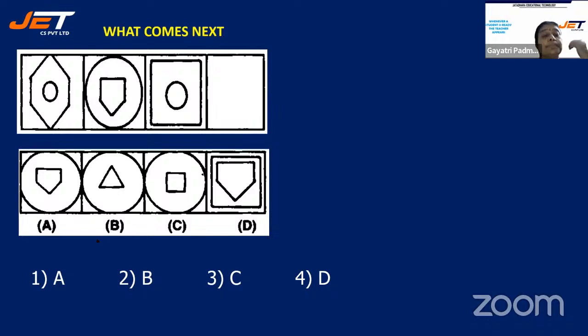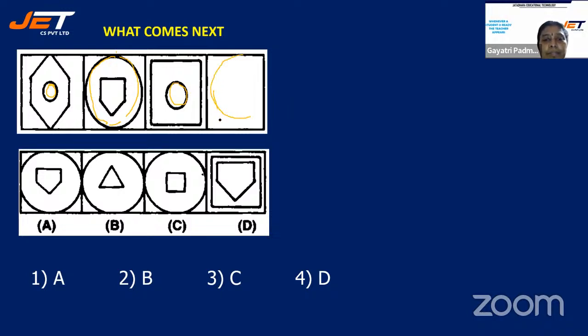You have a circle, right? Yes. So you have a small circle. And in the next figure, the circle is outside. Whatever is inside is outside. Right. And in the next figure, whatever is outside is inside. Now, in the next figure, whatever is inside should be outside.